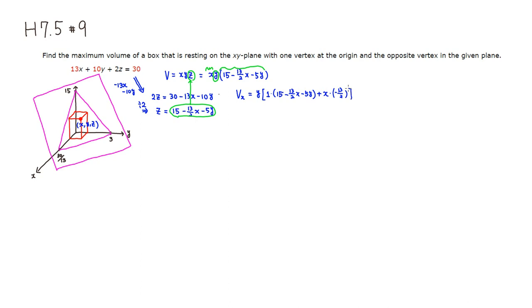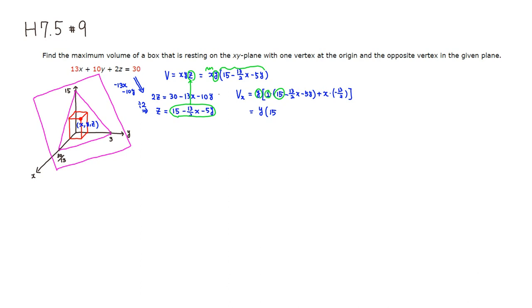Let's clean this up. So y is already there, and then the number is 15. The 1 doesn't do anything, so I'll just get rid of that.